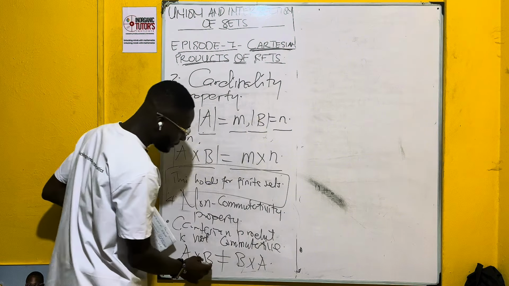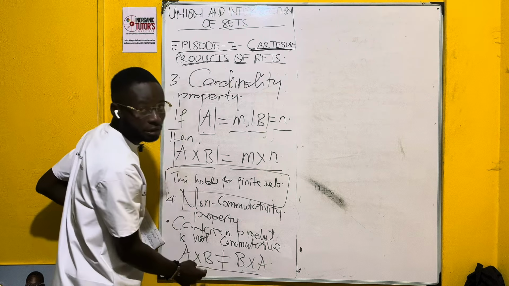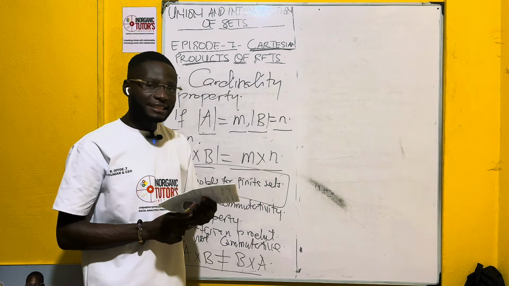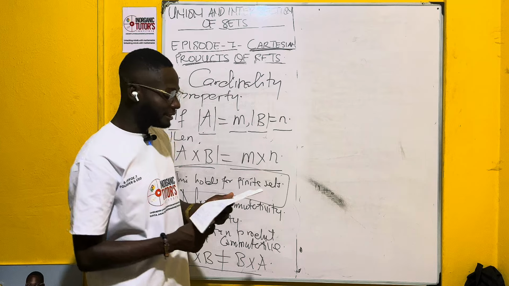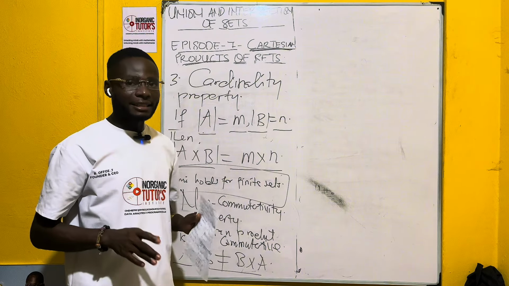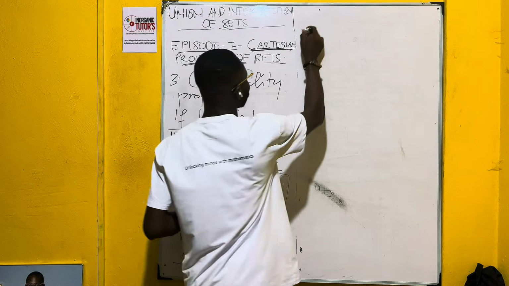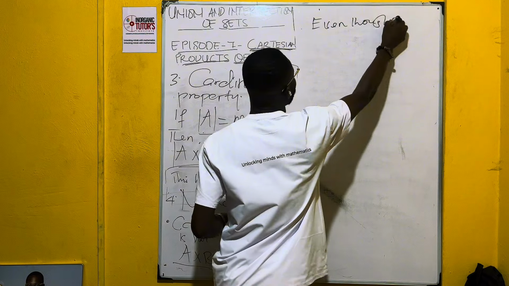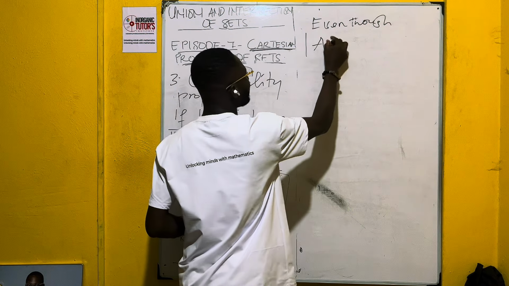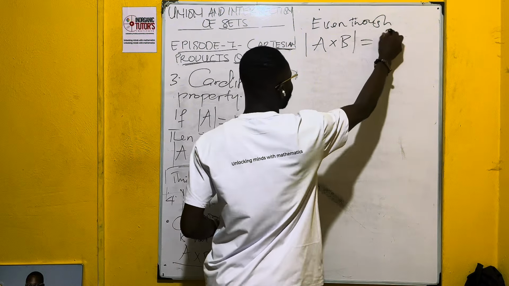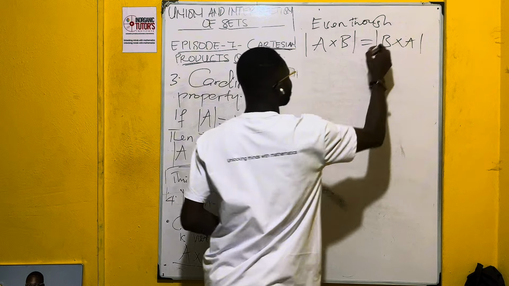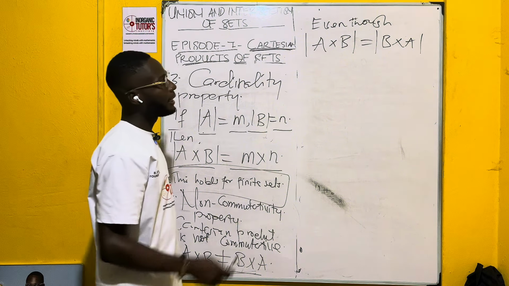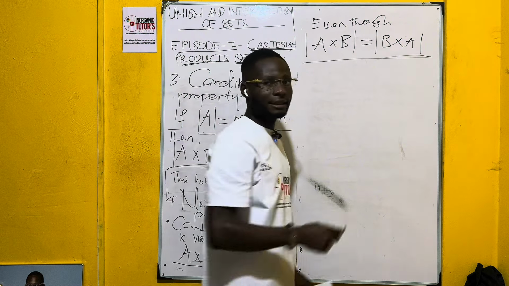Now, we are saying that A cross B is not the same as B cross A, even though their cardinality is the same. Even though the cardinality of A cross B is equal to the cardinality of B cross A, it doesn't mean that they are equal.